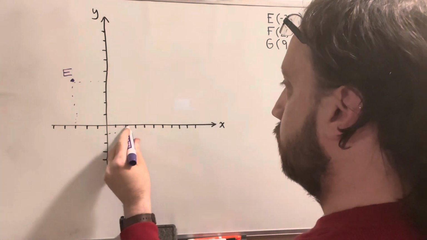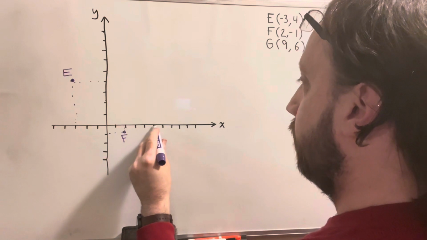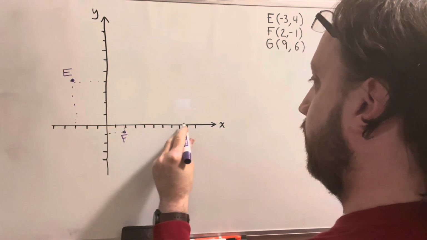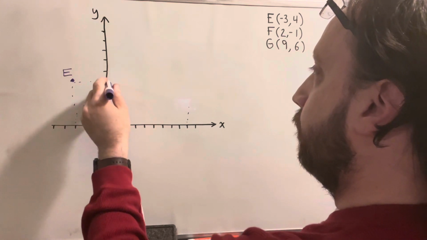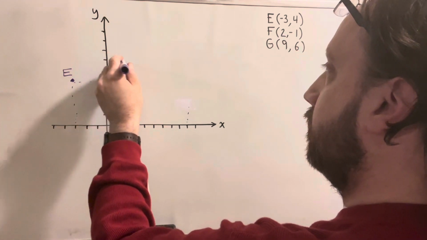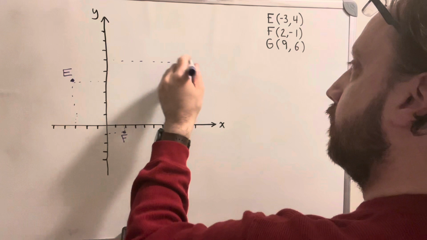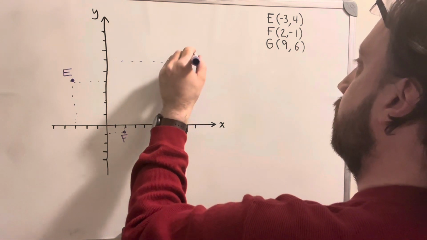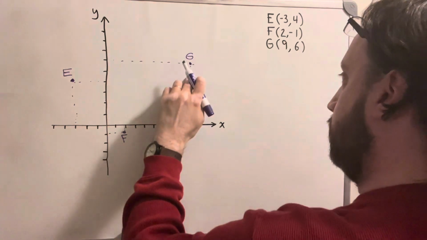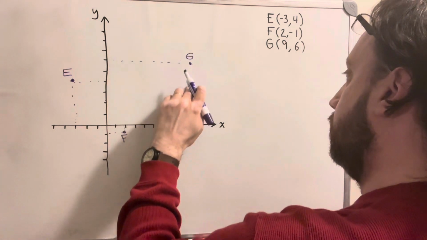So 1, 2, 3, 4, 5, 6, 7, 8, 9, and 1, 2, 3, 4, 5, 6. About right there. I'm going to go ahead and erase these construction lines.